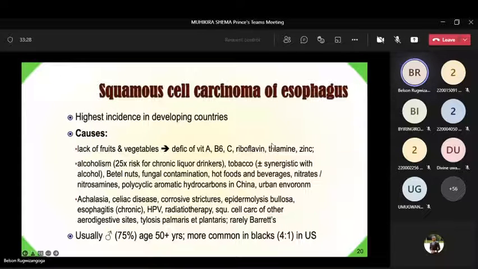They said that when you compare blacks in the United States with whites, the blacks have four-fold more risk of developing this cancer. Usually the pathomechanism is not known. It is a risk factor, but to link it to the molecular aspects of cancer or oncogenesis, it is not known.